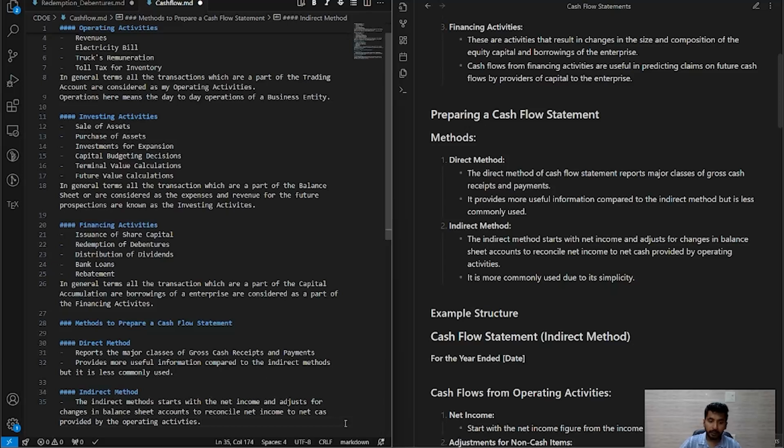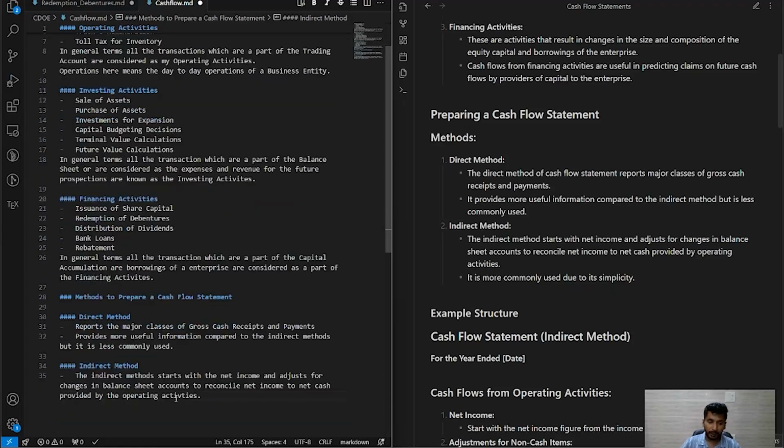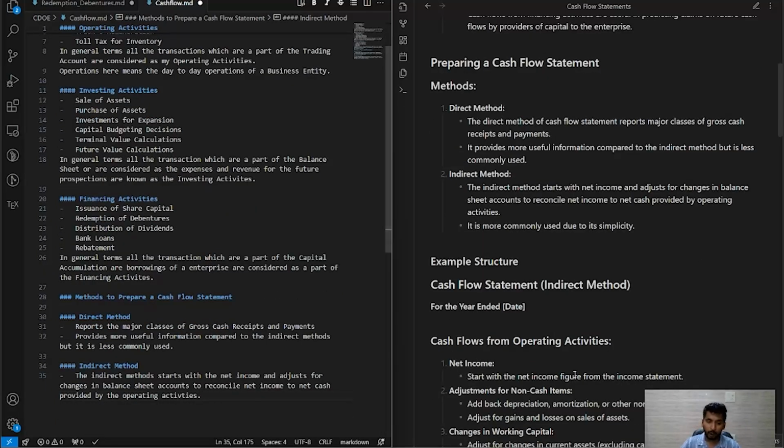Let us read it again. The indirect method starts with the net income and adjusts for the changes in the balance sheet. That means we will have to make a comparative balance sheet and then reconcile the net income to the net cash provided by the activities of the operating nature.